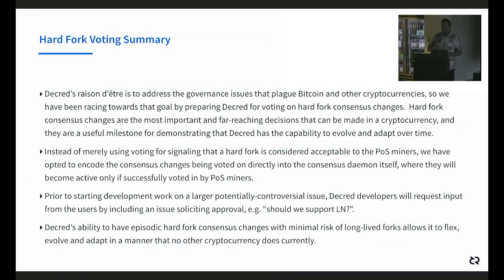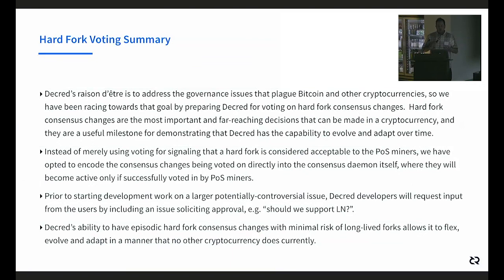So the other thing, and this is a question that may come up in a little bit here, is that hard fork consensus changes are risky for Bitcoin, but that's because Bitcoin is a pure proof of work currency. And in our case, we have a lower risk way to move, and it's a consequence of how proof of work, proof of stake works.